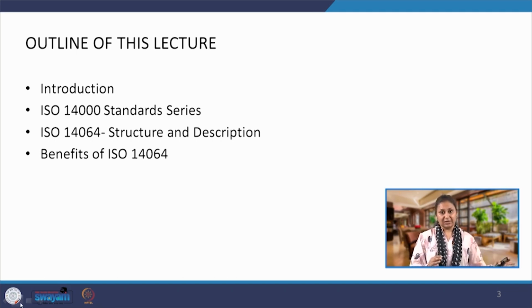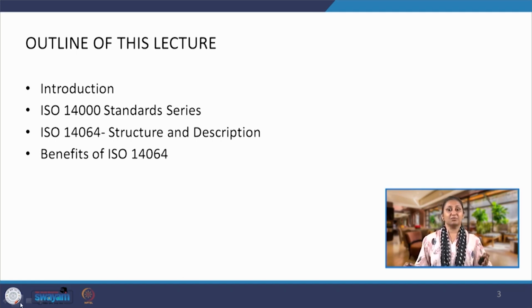This is a standard and the GHG protocol is a protocol. This is the difference that we have to understand, and watch what each one of these covers and how they complement each other towards greenhouse gas accounting. The ultimate objective is greenhouse gas accounting only. That is what we are going to look at in ISO 14064.